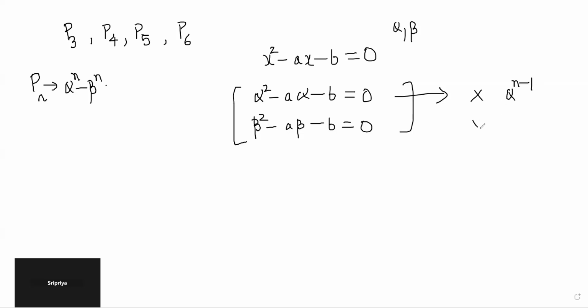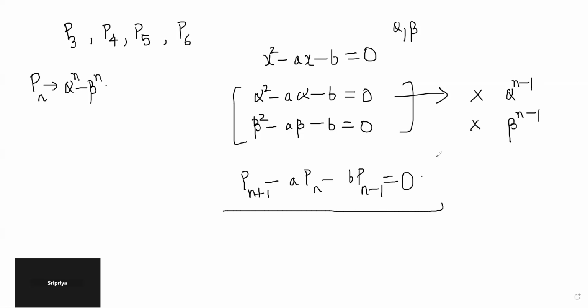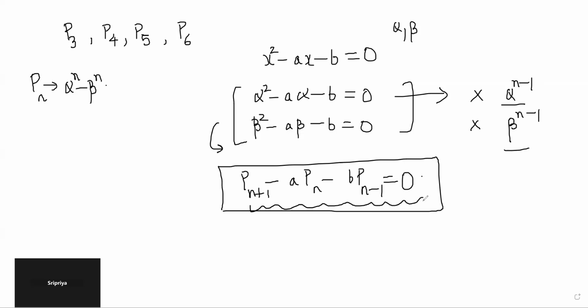If you multiply like this, you will start making terms like Pn plus 1 minus a times Pn minus b times Pn minus 1 is 0. After multiplying and subtracting, you will get this recursive relation. Given the values of P3, P4, P5, P6, it is simple to find A and B.